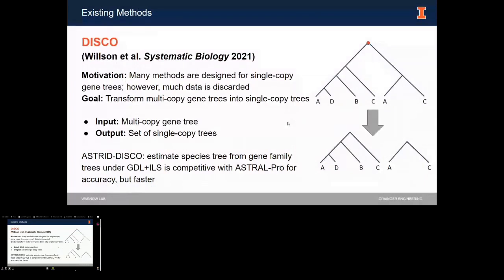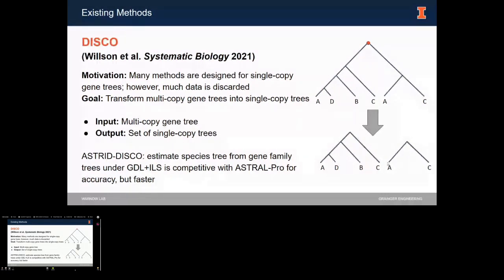We have this method called DISCO, which was originally developed to enable species tree estimation methods that were designed for single copy trees to be used on multi-copy gene trees. It does this by figuring out where the duplication events are in the multi-copy trees, and then splitting the trees apart into a bunch of single copy trees.